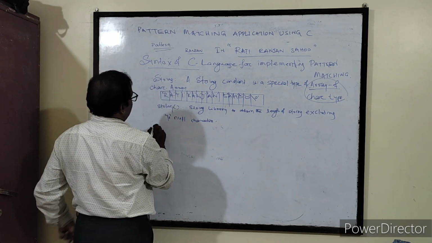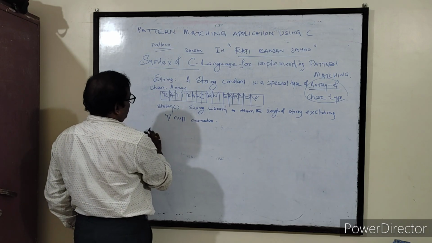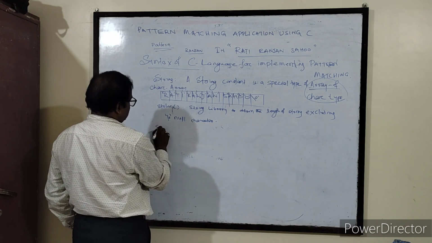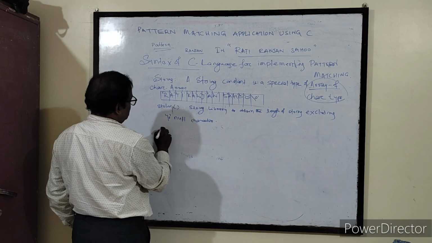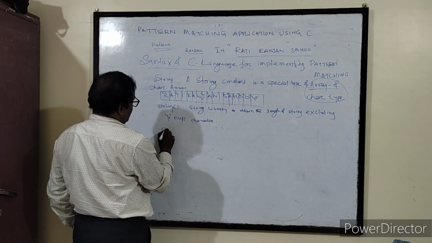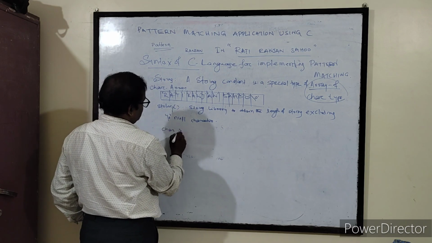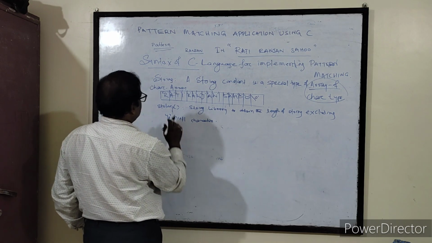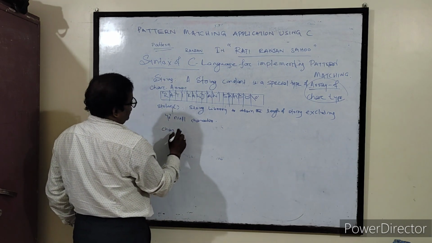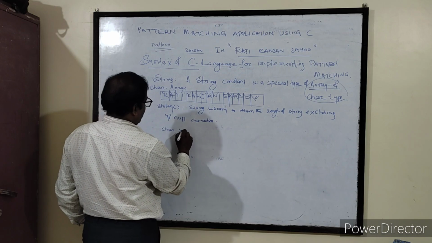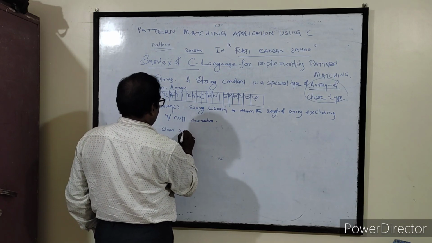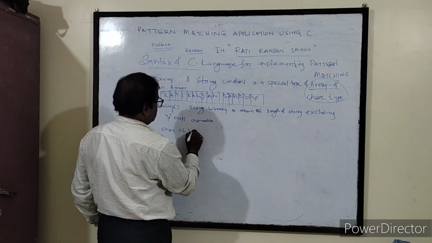Now, what is that idea? This is a character array. But how do we define the syntax? If you see in C, I can write here char, this is the syntax here, we should specify like this. Okay. You can define anything here like this.